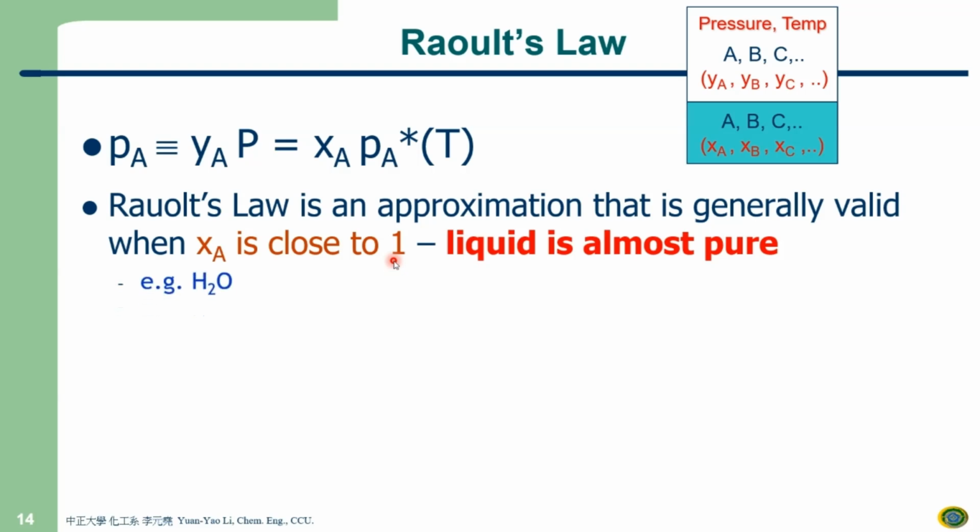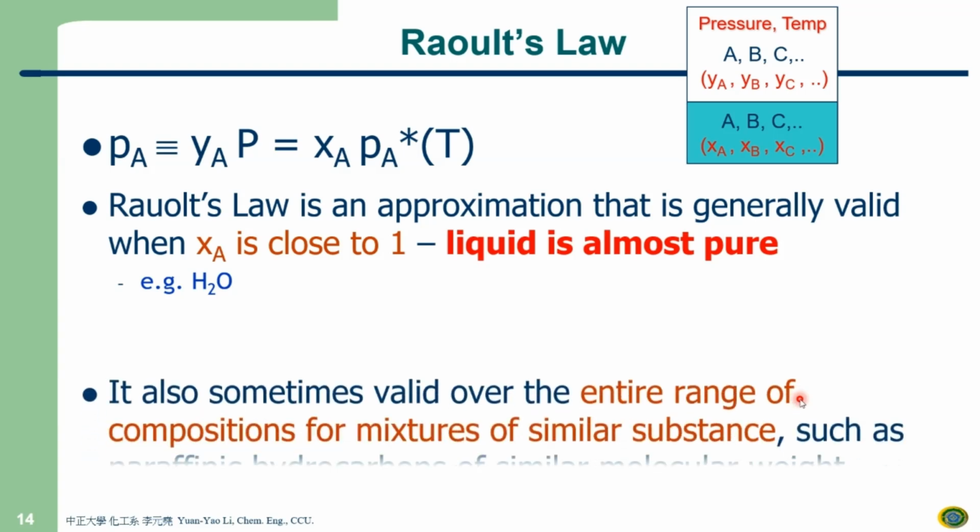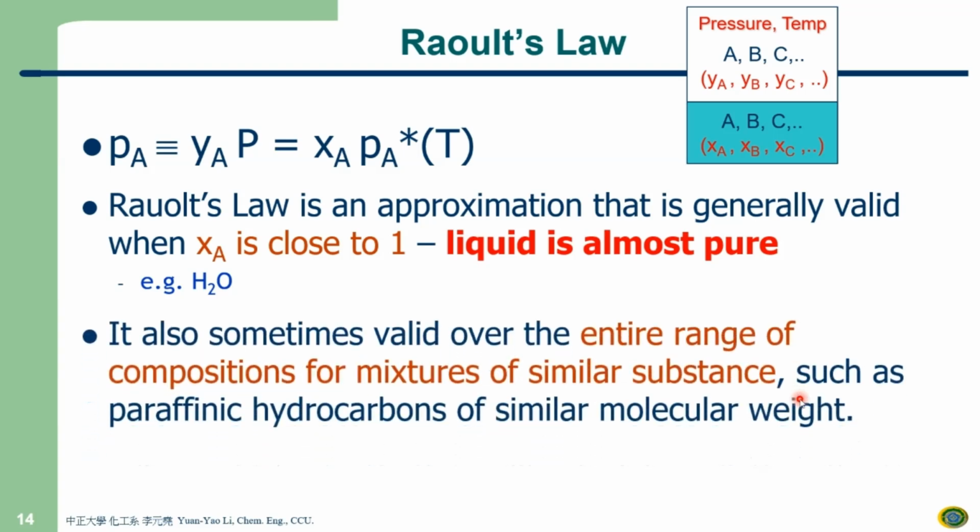I'm going to show you another example. Water is always easy to condense. That will be the same as acetone, and the same as ethanol. If you have a system like this, then you can use Raoult's law. It is also sometimes valid over the entire range of composition for mixtures of similar substances, such as paraffinic hydrocarbons of similar molecular weight.